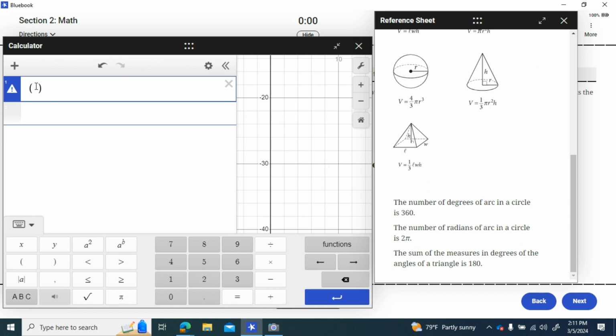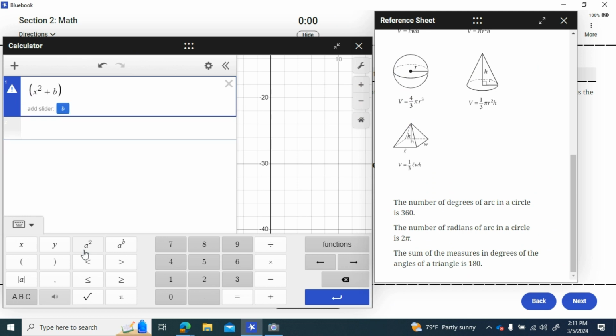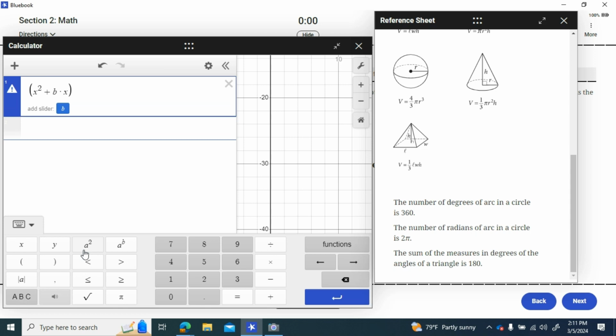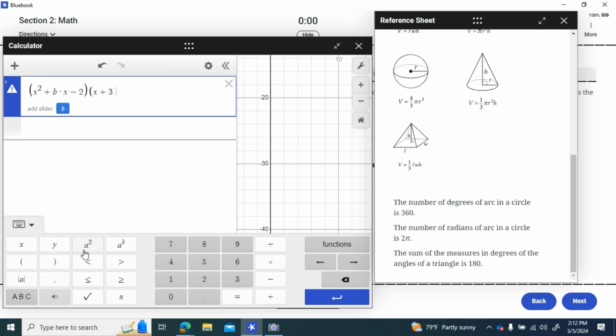When we type this in, we have x, I don't need two parentheses, x squared plus b, and I'm going to add one thing. I'm going to say b times x, because b and x, when they're sitting together like that, they're multiplying, minus 2, close parentheses, new parentheses, and x plus 3.